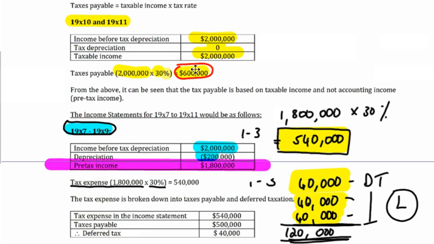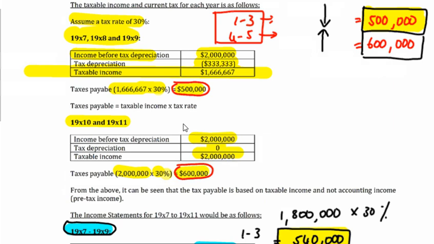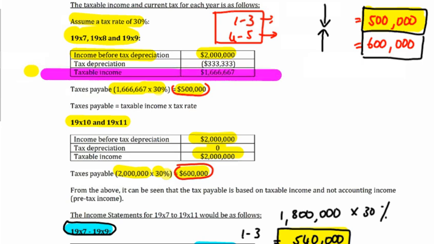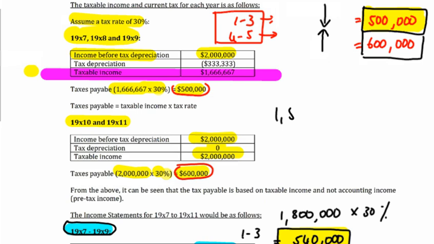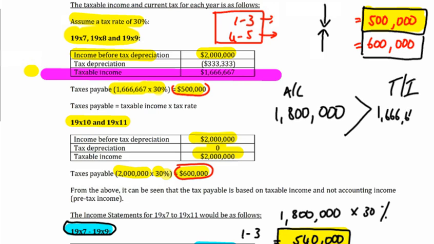My taxable income in the first 3 years was how much? 1.6. So you can see that my accounting income was 1.8, which is greater than my taxable income, which was 1,666,667.